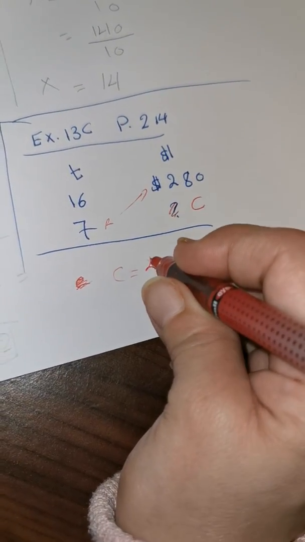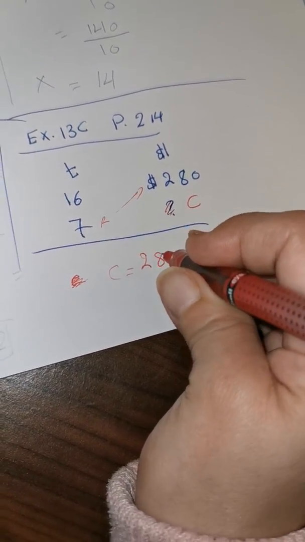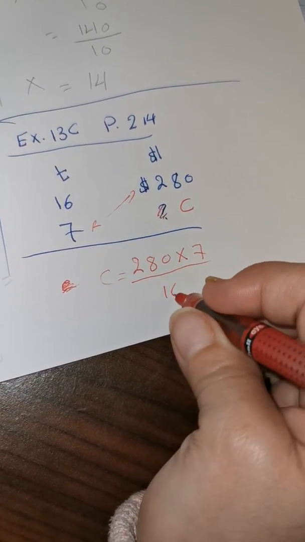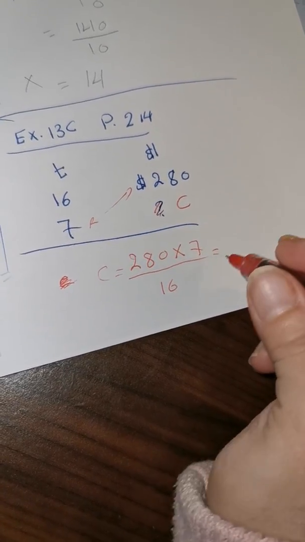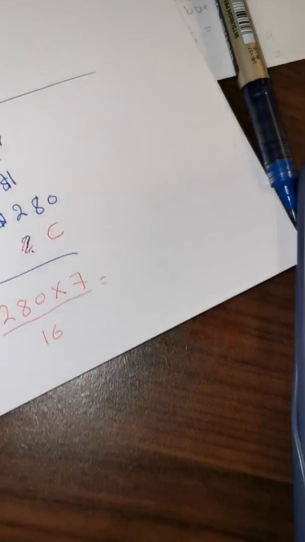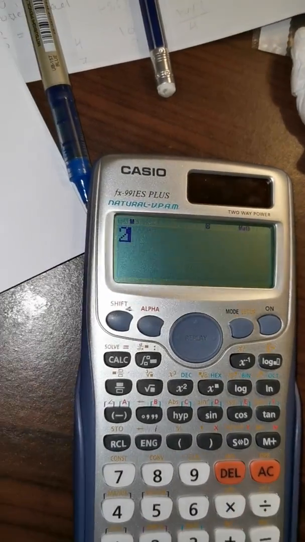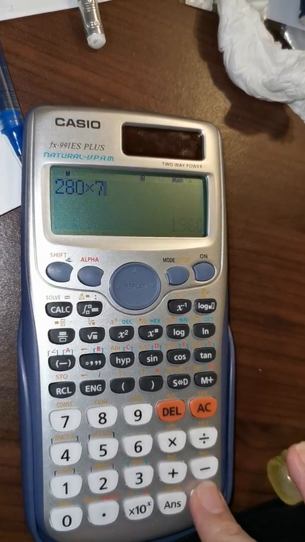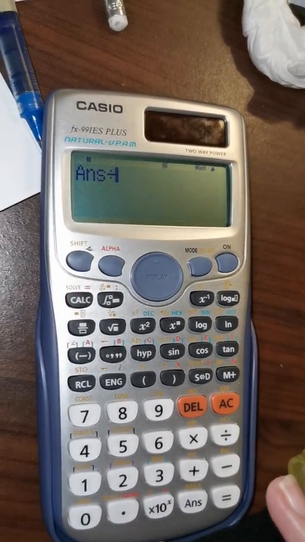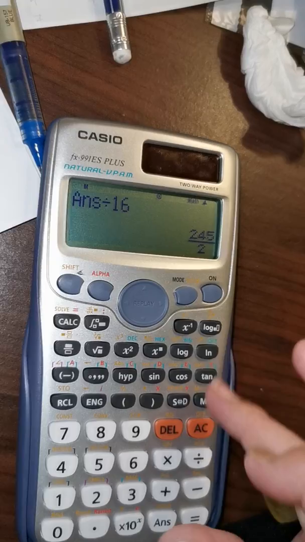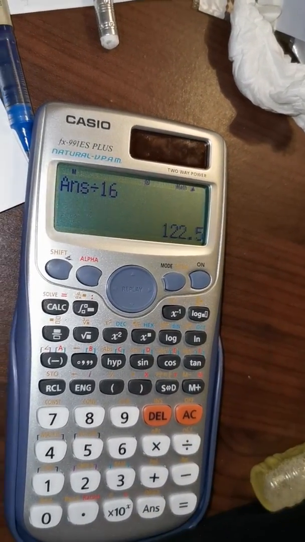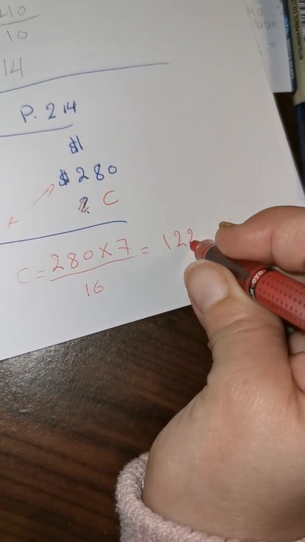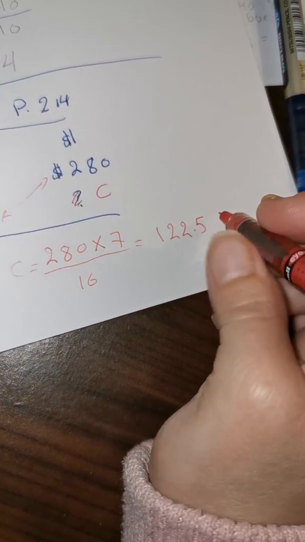So 280 times 7 divided by 16 equals 122.5. So C equals $122.5.